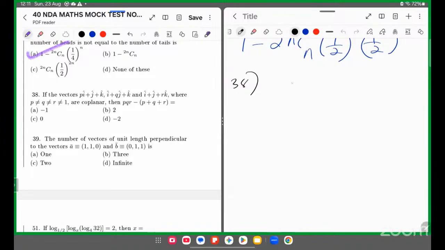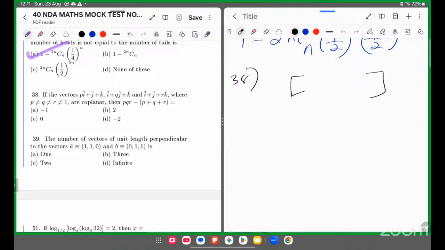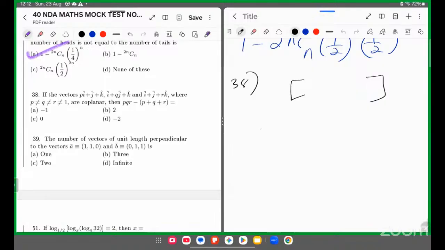A dot B cross C, that means the box product, will always be 0. So A dot B cross C can be calculated like this: determinant of P 1 1, 1 Q 1, 1 1 R. This is always the box product.